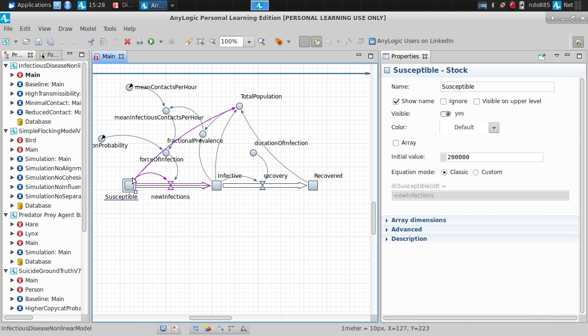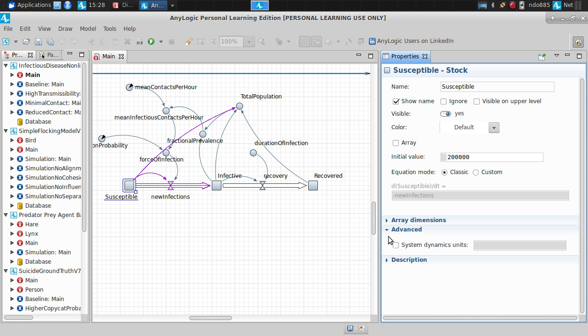You'll notice in AnyLogic that we can specify the numbers here, and that's what we've been doing with these sort of models. But take a look at this. Go down to the advanced area. You'll notice in the advanced area, there's a place to put in units. Do you see that? You see these system dynamics units?